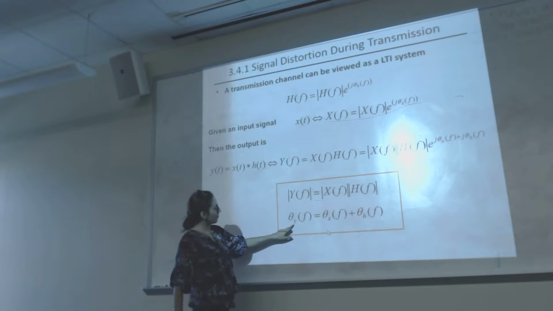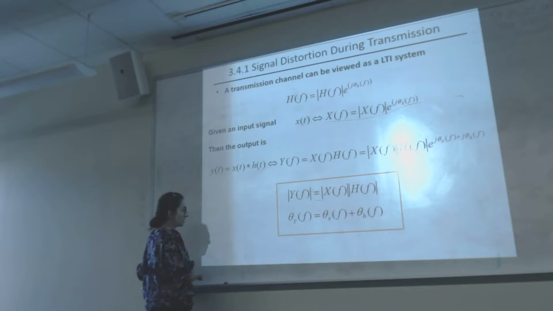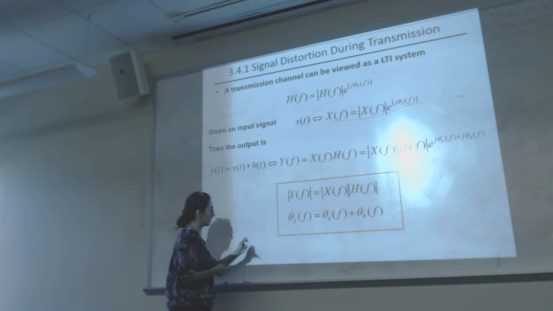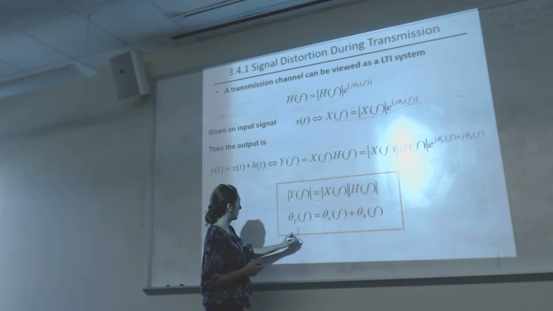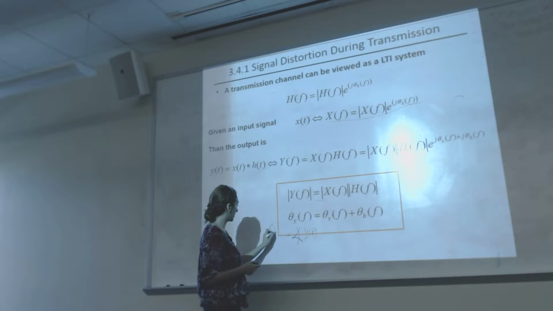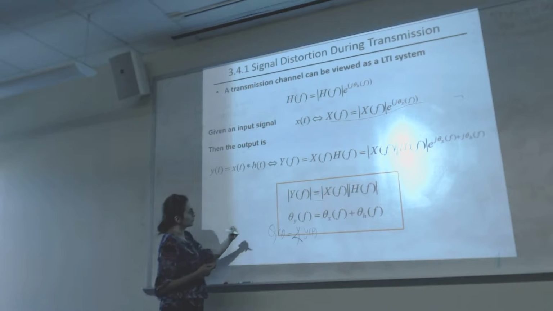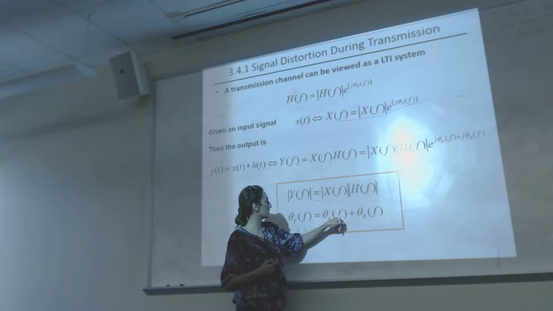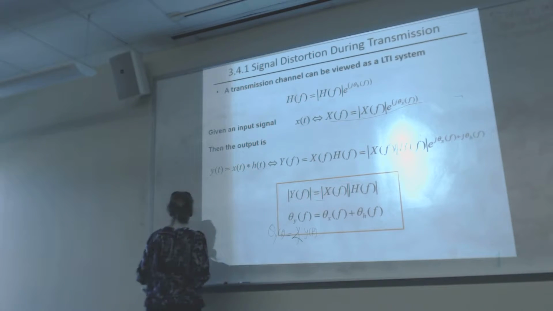Theta y is the same as saying the angle of y. And one thing you have to note is that this is a function of frequency f. So we are in the frequency domain.